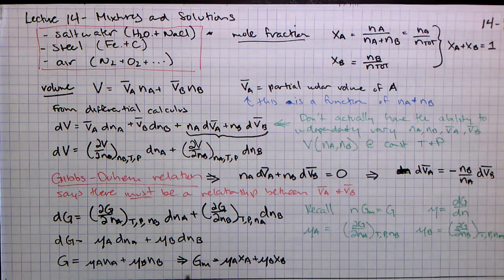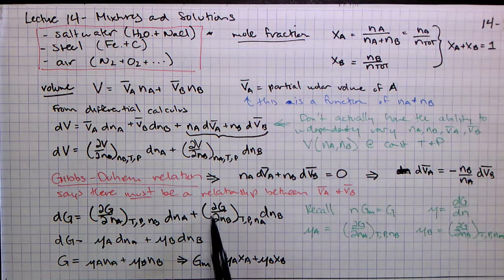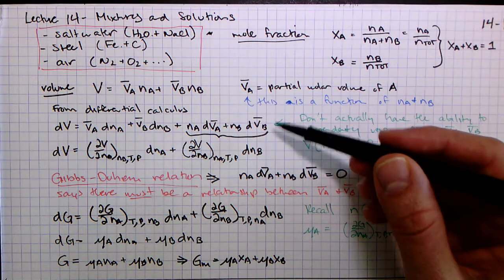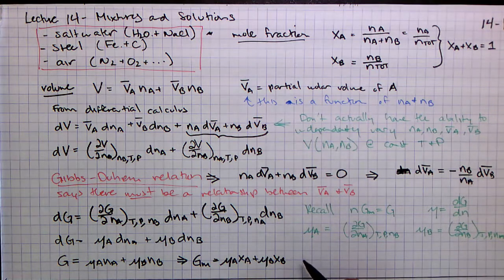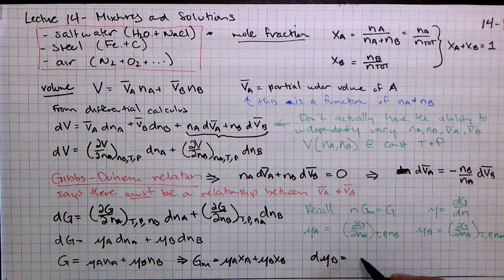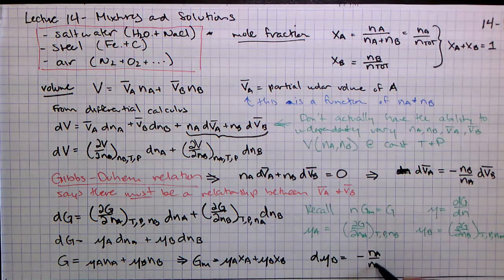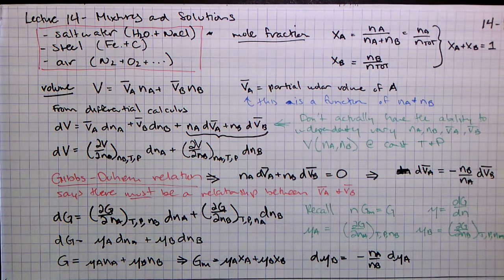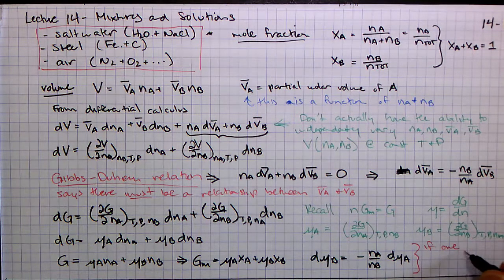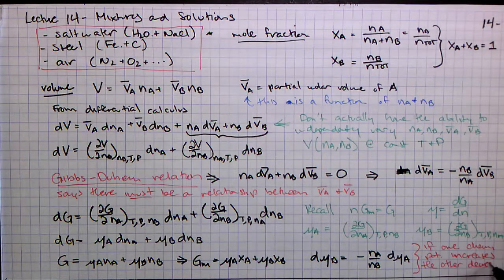Okay, and so since we have this expression and this expression, doing a similar Gibbs-Duhem relation as we have up here, this implies that d mu B must be equal to minus NA over NB d mu A. So this tells us that if one chemical potential increases, the other decreases.